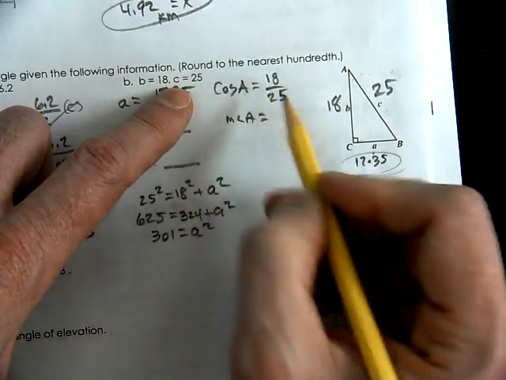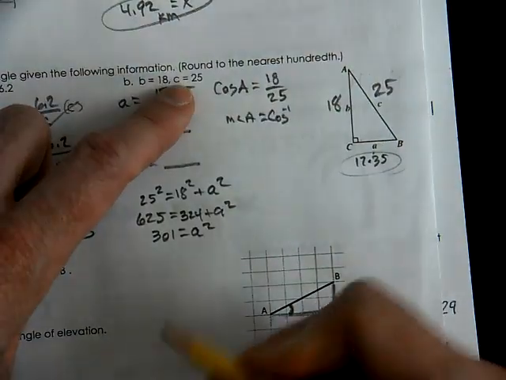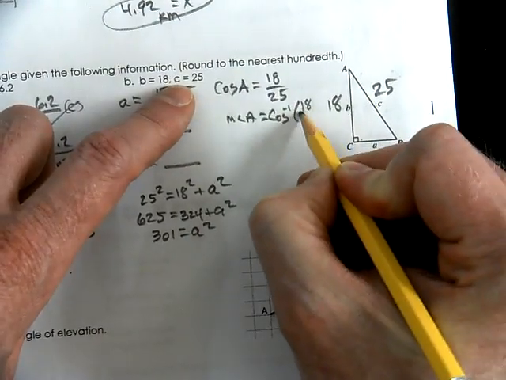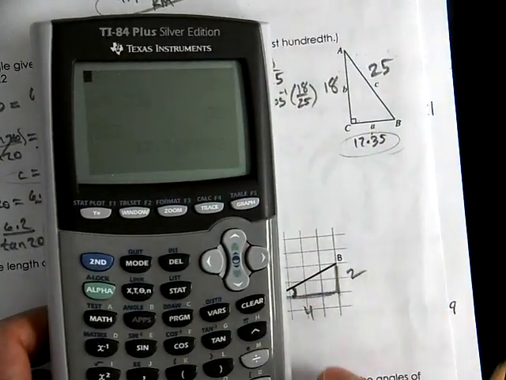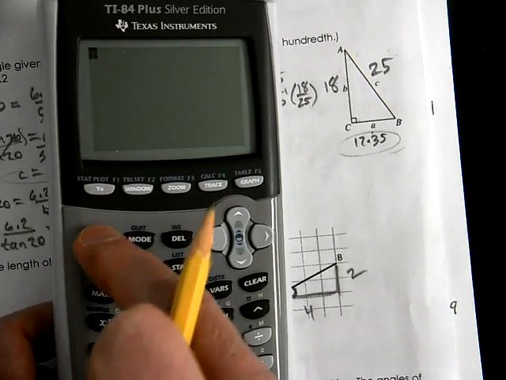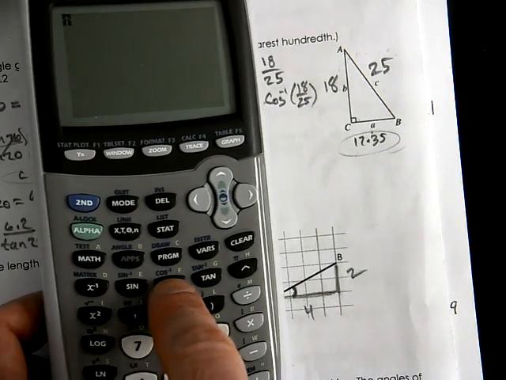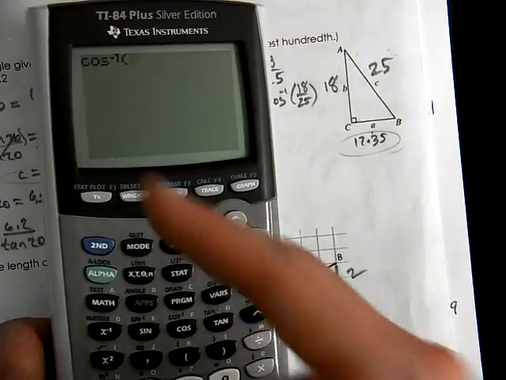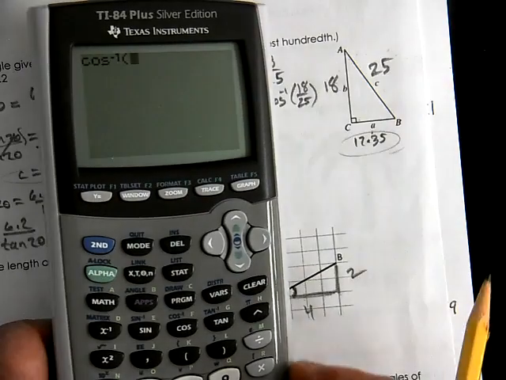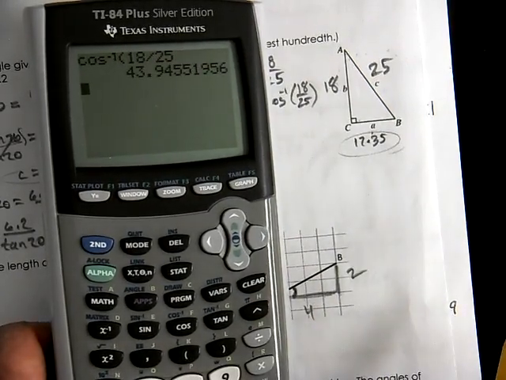Now the measure of angle A, get the cosine out of there. Put it to the other side of the equal sign. So that cos⁻¹, that's cosine inverse, of 18 over 25. Well, you can do that in your calculator. You use the second button. And then if you look closely at cosine, it has a cosine⁻¹. It's written in blue. So second cosine gives you a little ⁻¹. And the fraction we know of is 18 divided by 25.